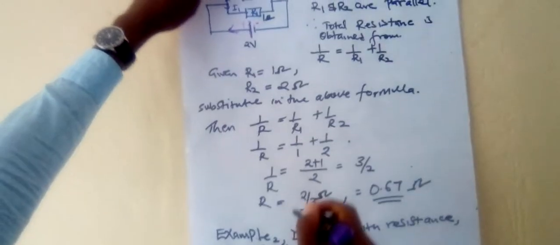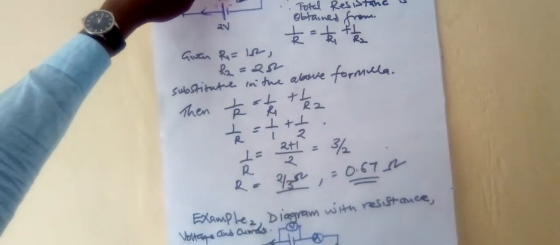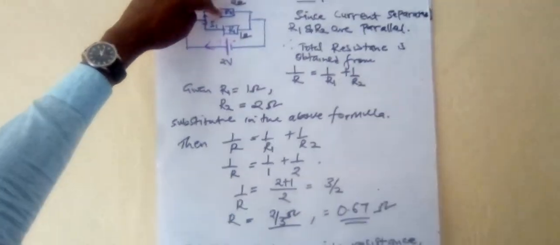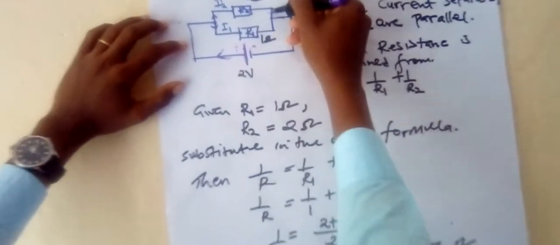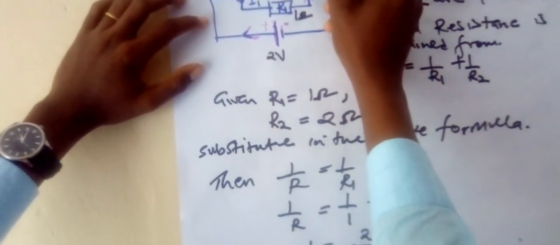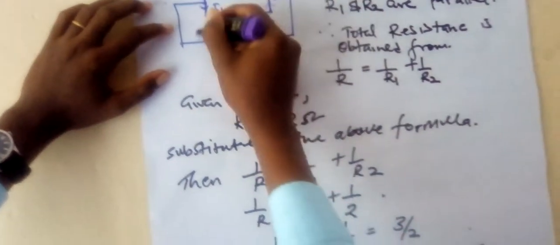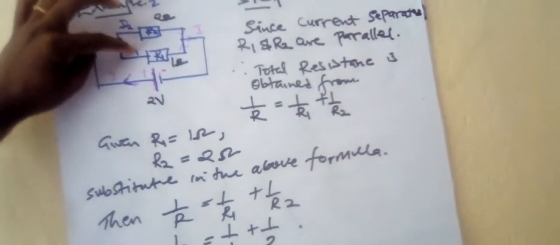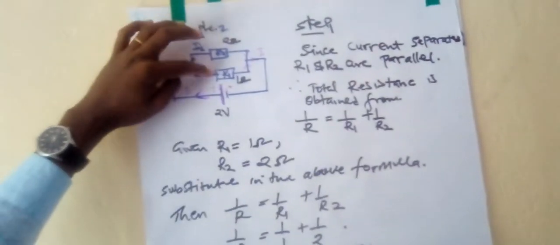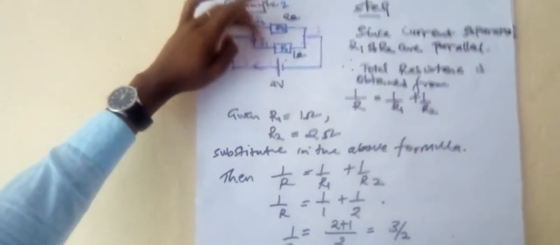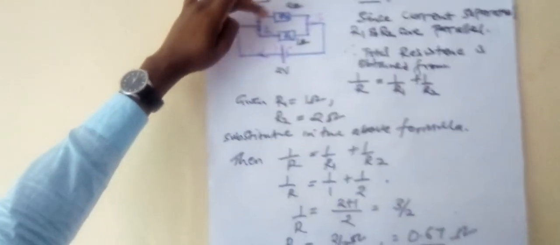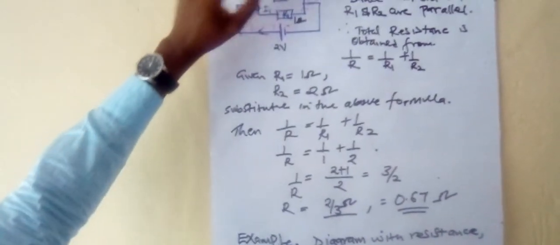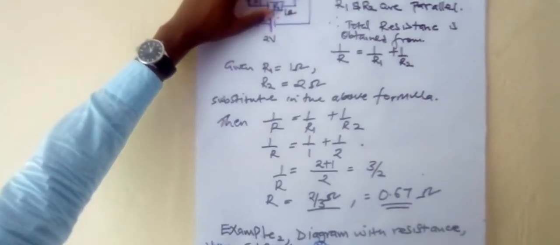Part of the current I1 goes through R1 and part of the current I2 goes through R2. Then later it is combined and you get back your I, which started here. So the moment you see that these resistors have separated current, then R1 and R2 are said to be in parallel.